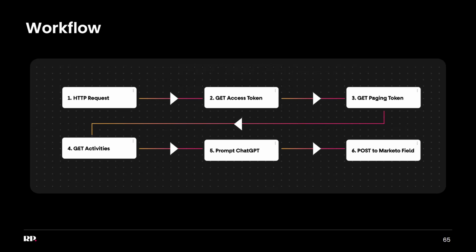So you can say, return me all the activities since last month, for example. After you have these two tokens, you actually get the activities and send them to ChatGPT. Again, only identifiable here via the lead ID, and then you post to a Marketo field.